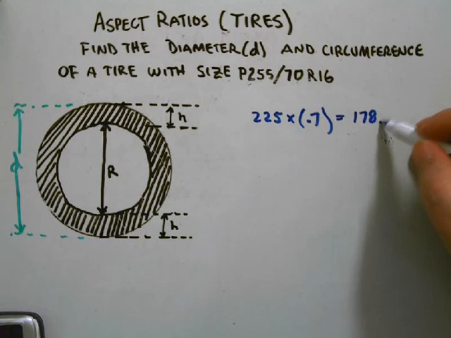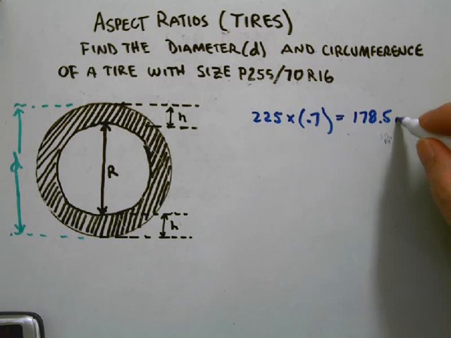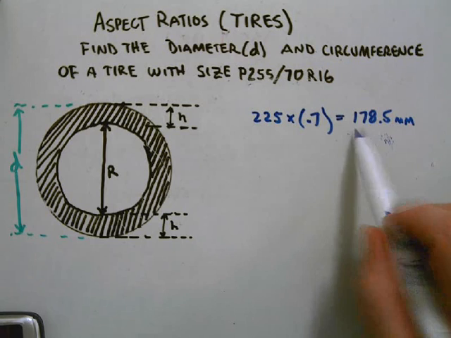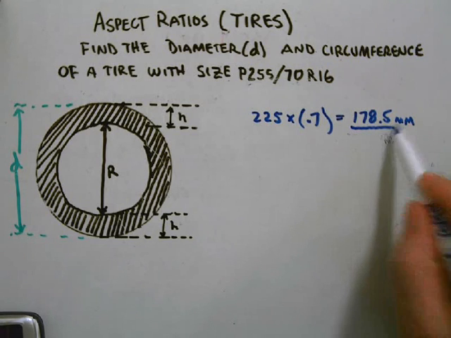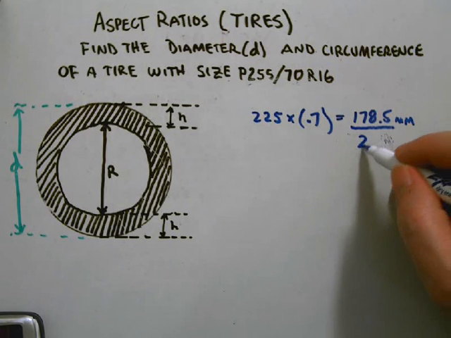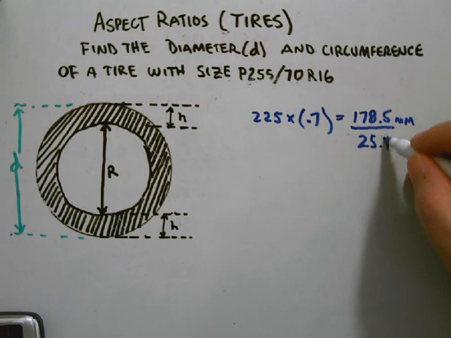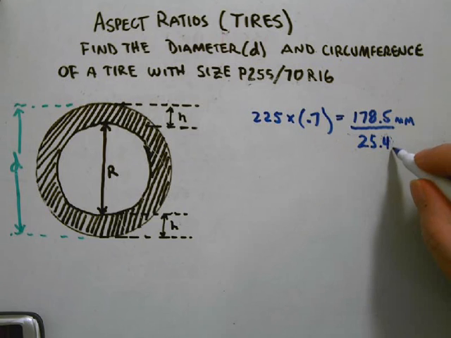Now, in order to convert it, we're going to use our standard conversion. We're going to use this number every time, 25.4, and remember that that's millimeters per inch. Of course, whenever you flip this, the millimeters cross out.